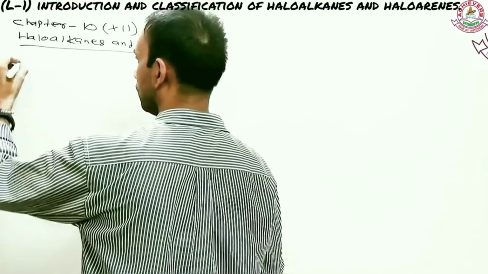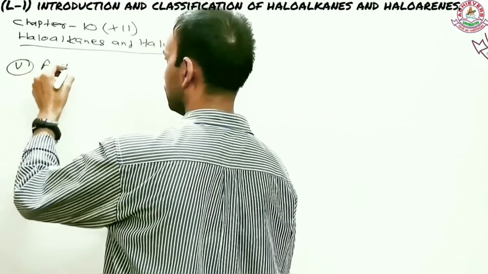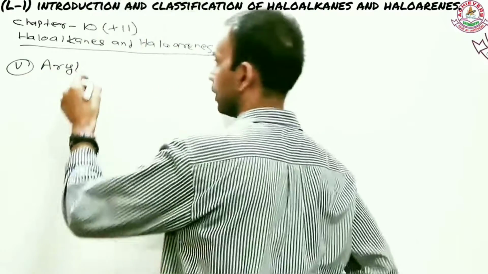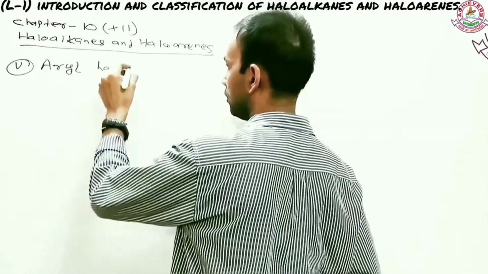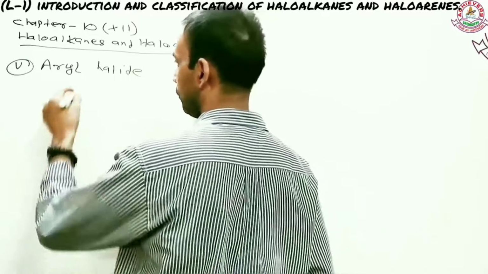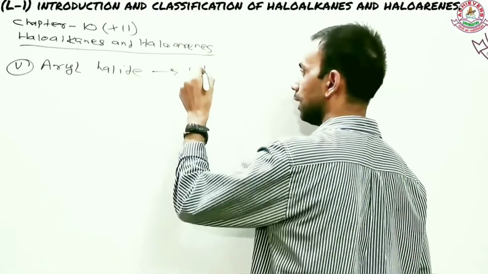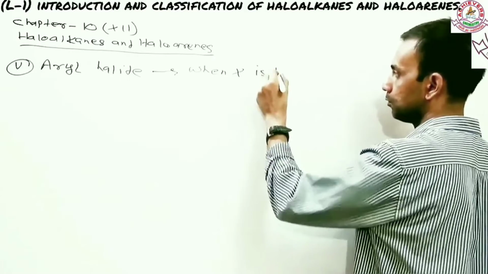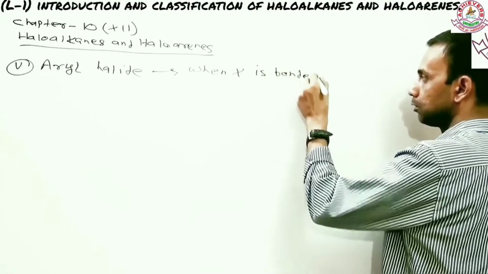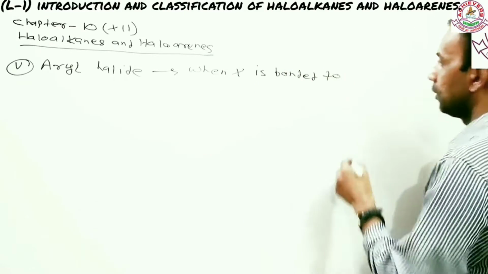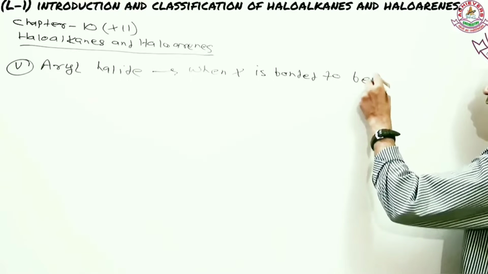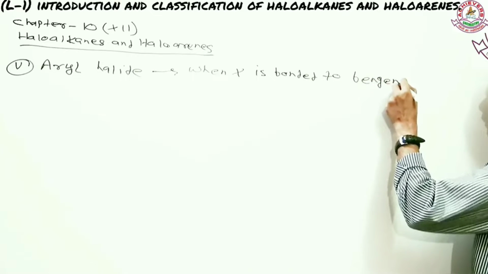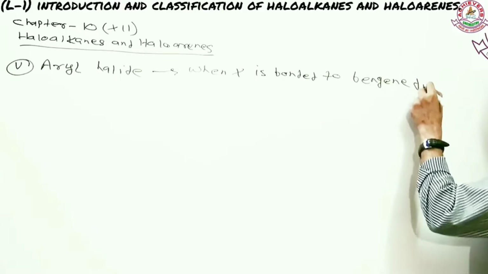It's called aryl halide. What is an aryl halide? When the halogen X is bonded to benzene directly.